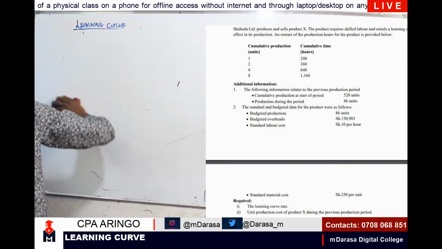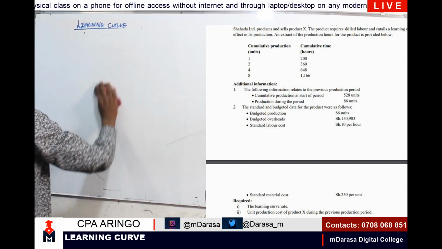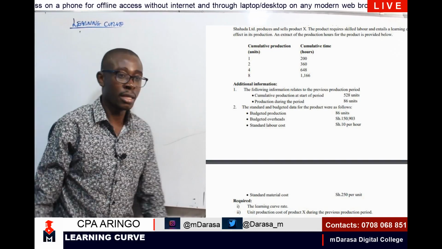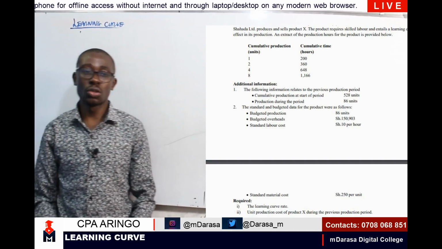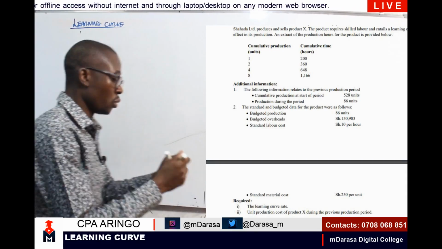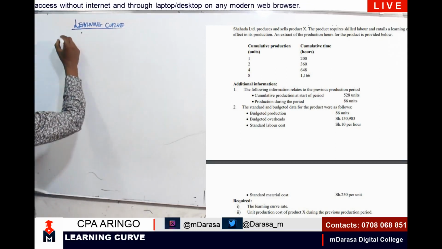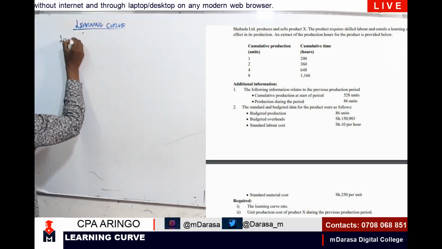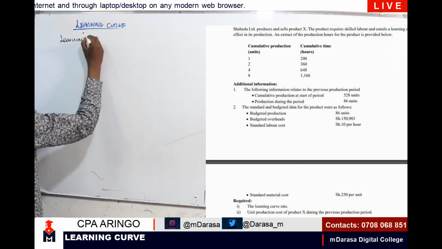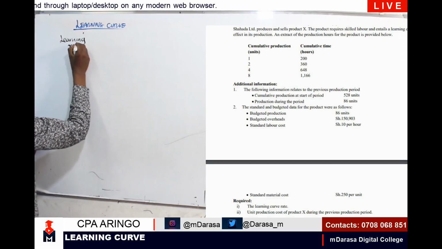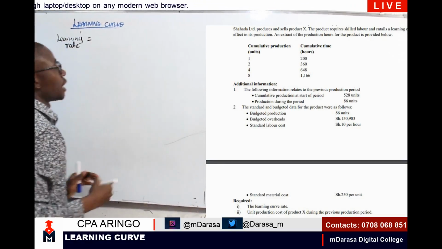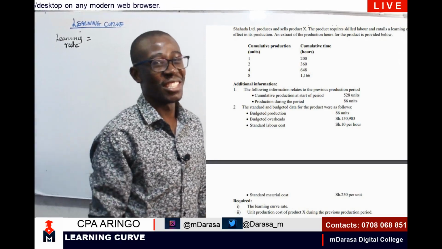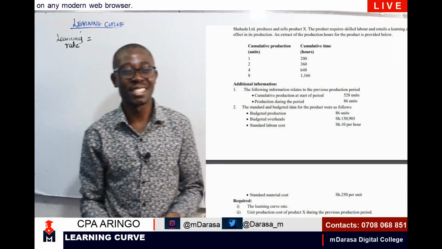At this point it's vital to recall what we studied in our last class. If the learning rate is not given, it is very easy for us to determine it. How will you determine the learning rate, my good students?